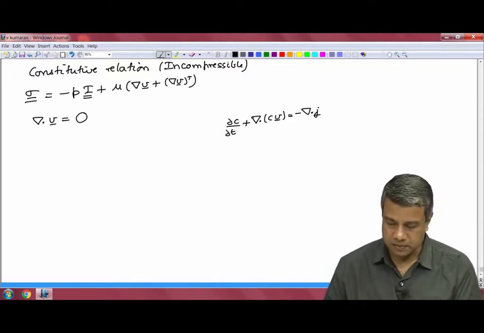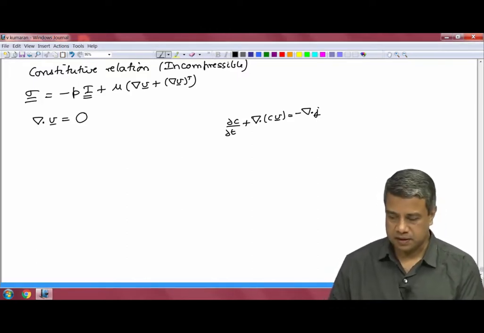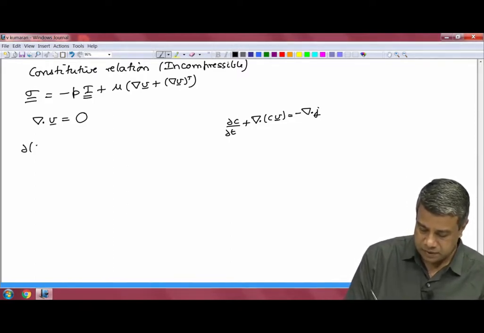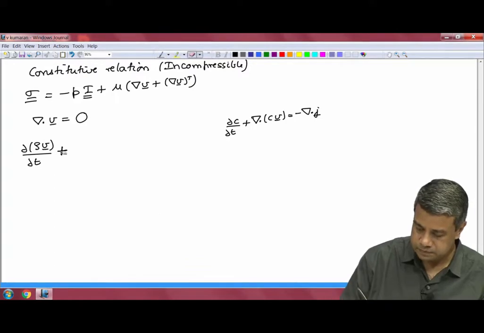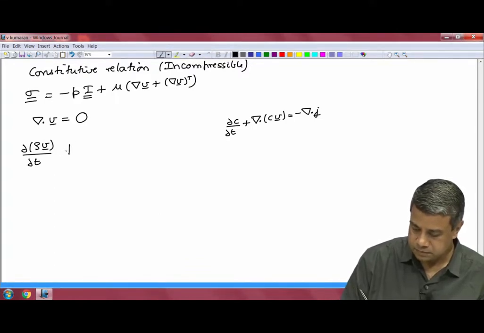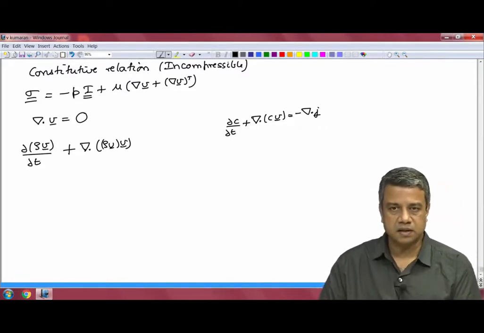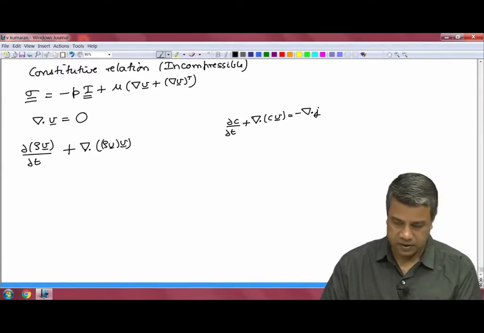If I write the momentum conservation equation in a similar manner, I will get partial of rho V, the momentum density, by partial t plus the divergence of the momentum density times the velocity. Divergence of CV, instead of C concentration, instead of mass density, I am substituting momentum density.